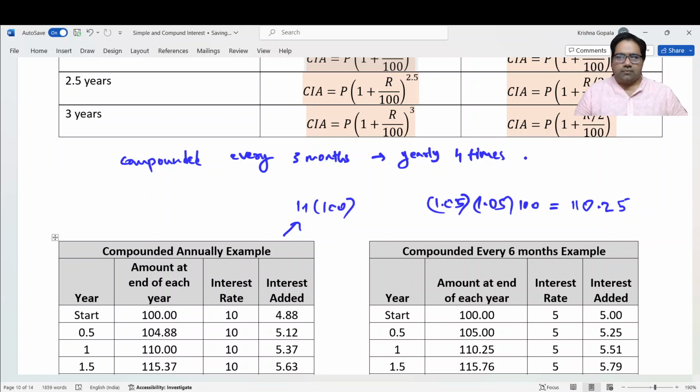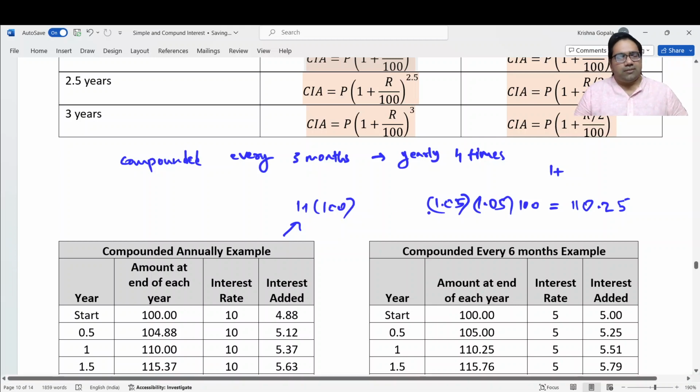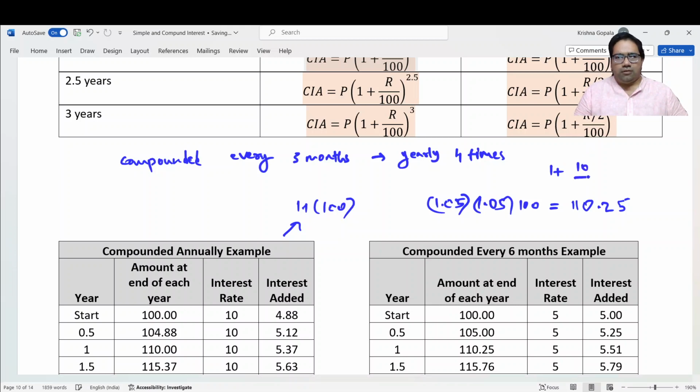What does that mean? Then your amount will become 1 plus R by 100. If it is 10% for a year, for every 3 months, what will it become? 10 for 12 months, 10 by 4 for 3 months.